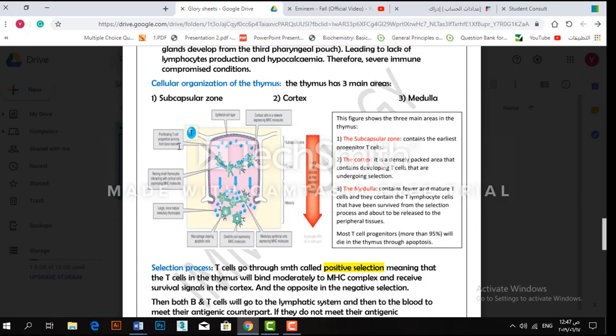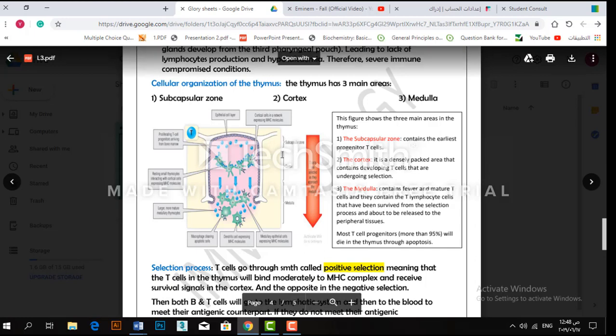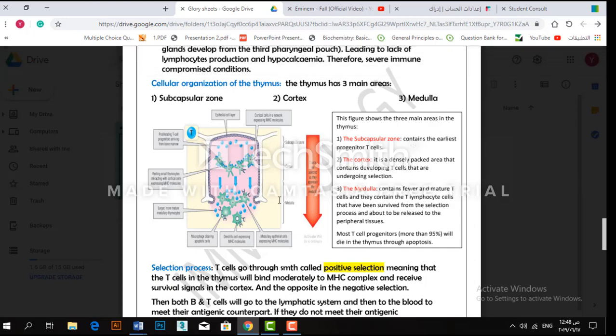Now, cellular organization of the thymus. The thymus has three main areas or zones. First of all, the subcapsular zone, then we have the cortex, and then we have the medulla. Now, what will happen when we move from the subcapsular zone to the medulla?